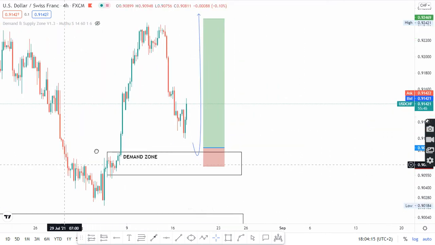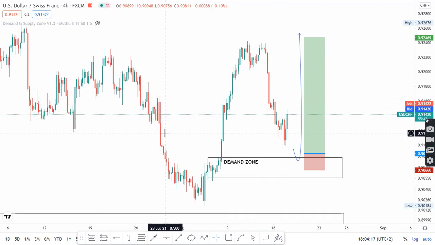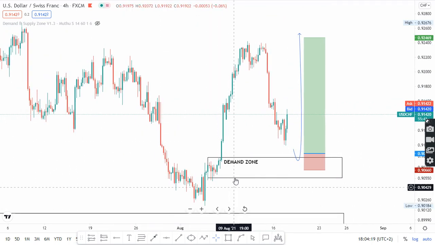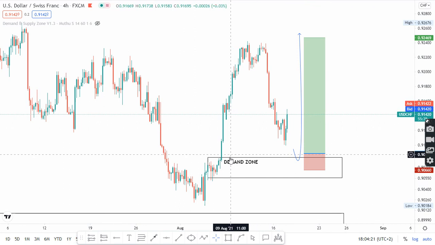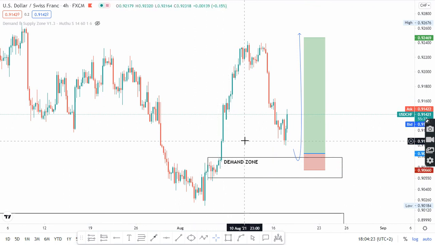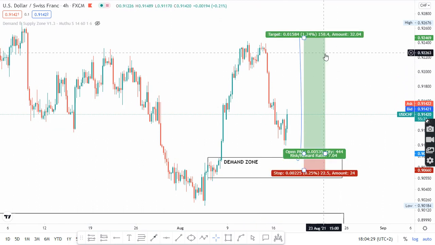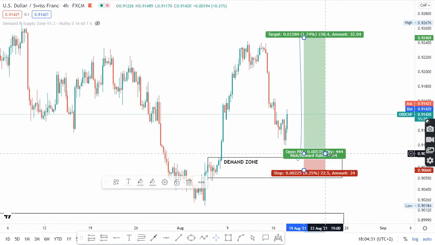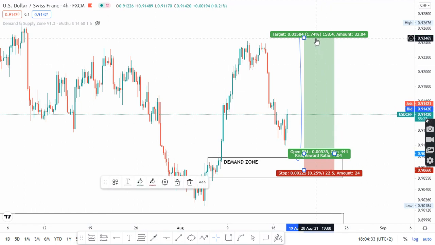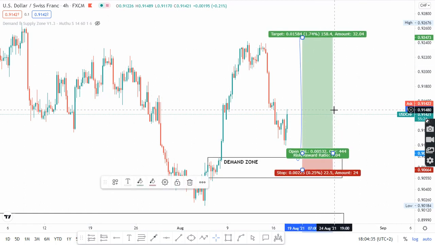So we have multiple demand zones. We have a big move out of the candle. We have a little bit more candles at this level. Does it give us a risk reward ratio of 1 to 3? Yes, it does. Look at this. If price can go up to that level, that will be a 1 to 7. Very nice risk to reward ratio.